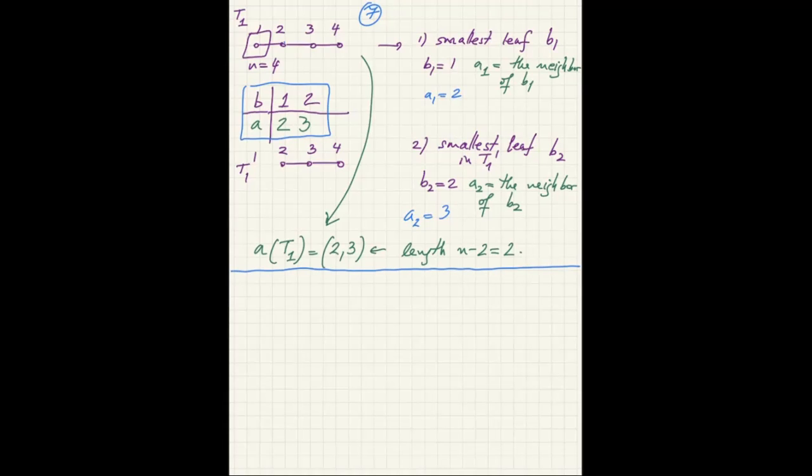Okay, so let's go through one example from the notes. So let's see. We have this tree. In this situation, I'm going to have n equals 9.